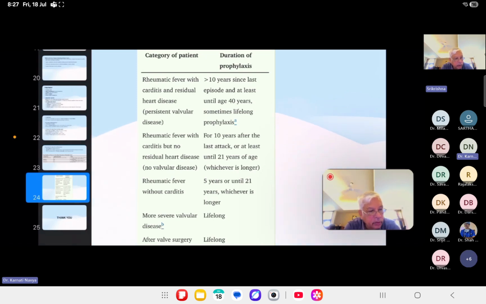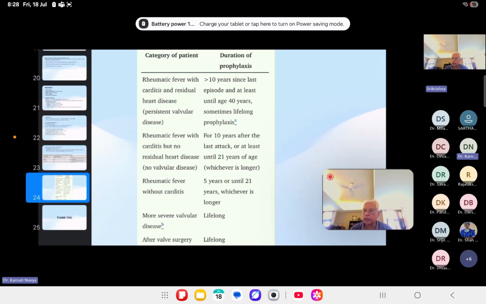So in such a situation, I used to practice giving prophylaxis at least 5 years post-op, even in a double valve. In single valve replacement, we used to continue it lifelong, if possible, or at least till the patient achieves 40 years.